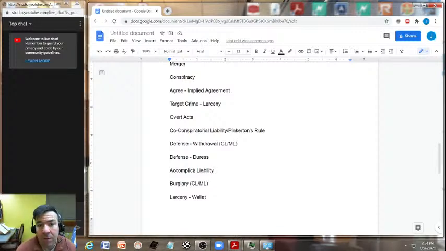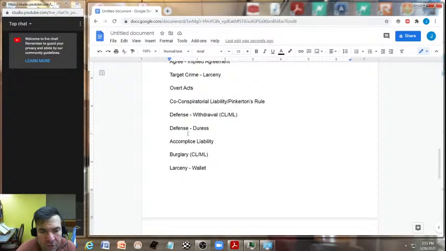However, the argument can be made that his intent was not criminal, because this is what Al's going to say, that as a result of the duress, he did not have a free will decision to accompany Don and do all the criminal activity that Don was engaging in inside of Vic's house concerning the wallet.